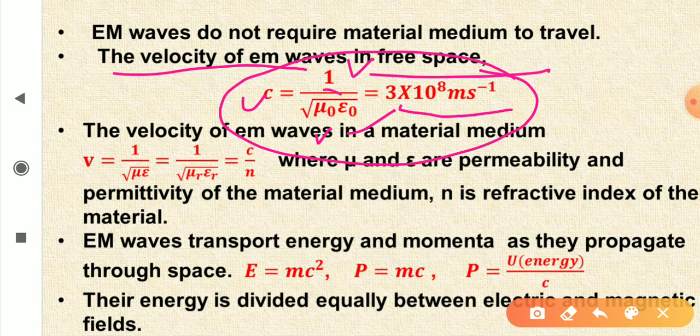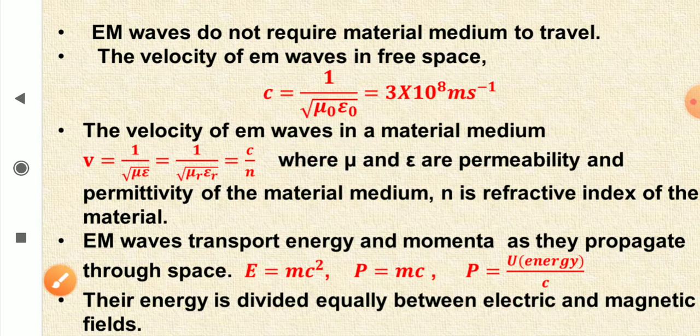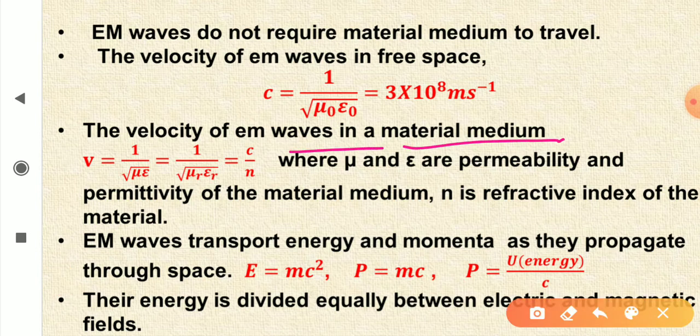Now this mu naught is permeability of free space or vacuum, and epsilon naught is permittivity of free space or vacuum. So you can see that we have included both electrical and magnetic properties of the material. Now, the velocity of EM wave in other material medium is given by this relation.